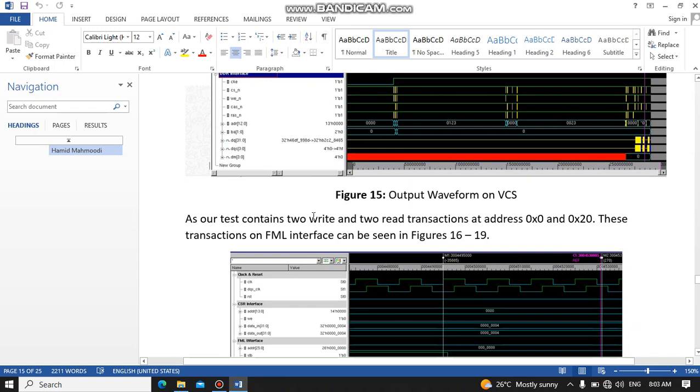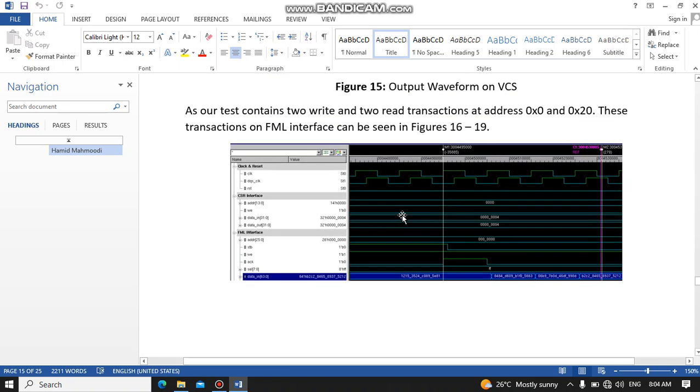In our test, we are performing two basic operations. First we are writing some data to address 0 and then address 20, and after that we are reading that data. As we know, the FML interface consists of 4-burst transactions. So in each write and read we are writing 4 double words, and then we are reading 4 double words.